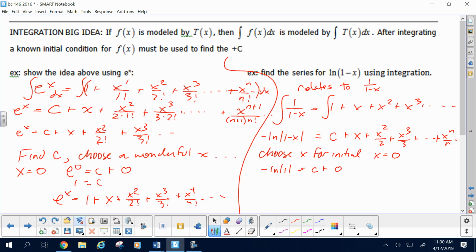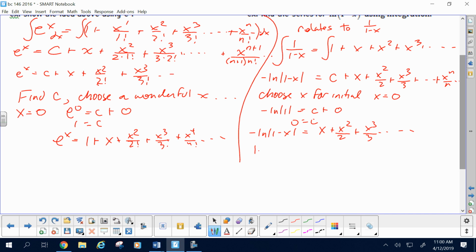For this one, the c is 0. Now, we're almost done, but we have one more thing. The negative of the natural log of 1 minus x is x plus x squared over 2 plus x cubed over 3. So the log of 1 minus x, which is what they asked about, is the opposite of all of those.